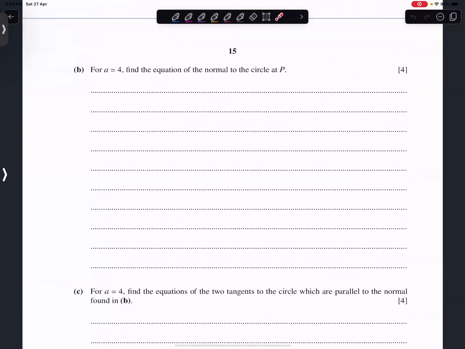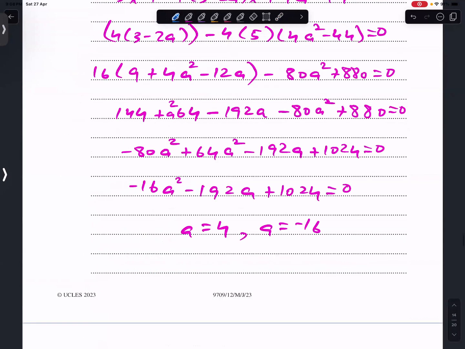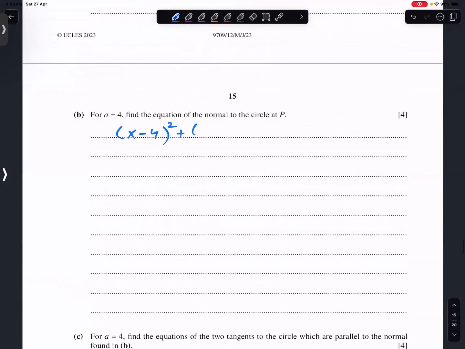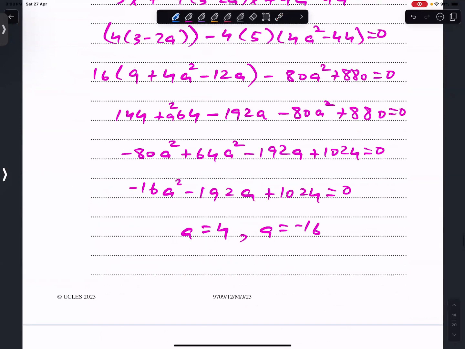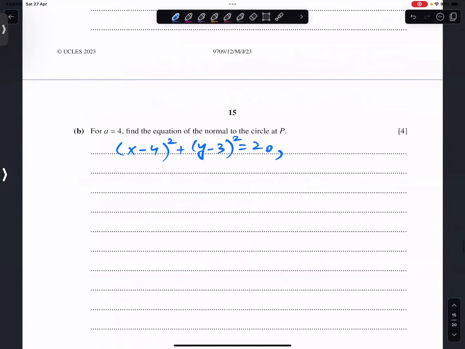For a is equal to 4, find the equation of the normal to the circle at P. Okay, so let's suppose a is 4, then (x minus 4) whole square plus (y minus 3) whole square is equal to 20. And the equation of tangent was y is equal to half x plus 6.